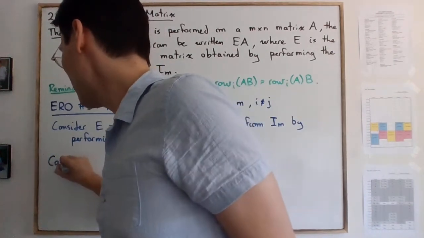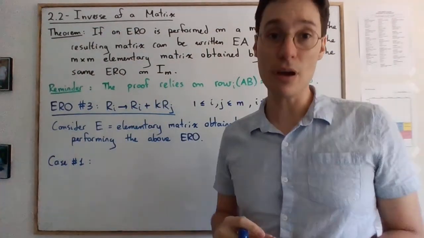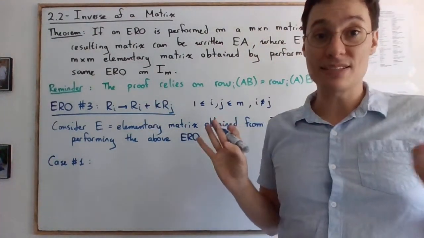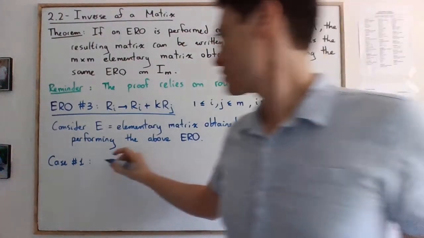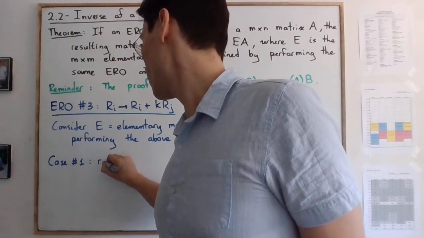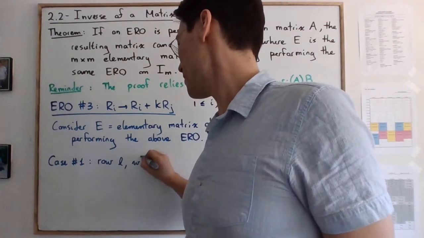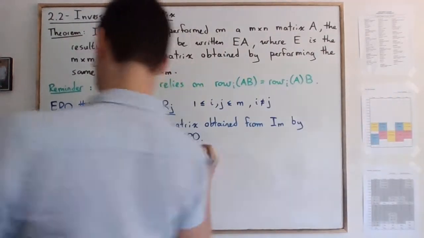Case number one. We're going to consider a row that is basically just not the row i. So a row that hasn't been involved in the row replacement. So row l, where l is not equal to i.